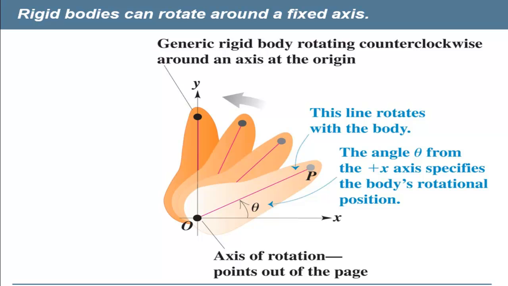Now, in rotational motion, at least in this chapter, we'll be focused on rotational motion of a rigid body. So imagine we have this object right here. Here's our object.